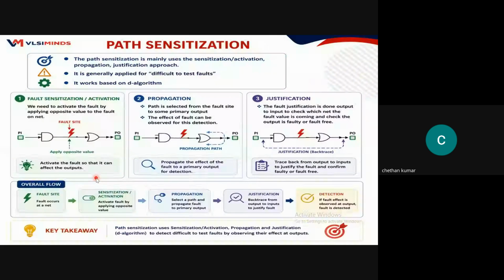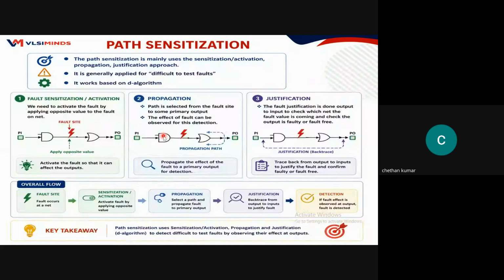We are not assuring that it is fault based. For example, it may create one pattern to detect the fault at this location, but at the same time it may miss the fault at another point. The pattern that is randomly generated may target this fault, but in the circuit it may miss some other faults.